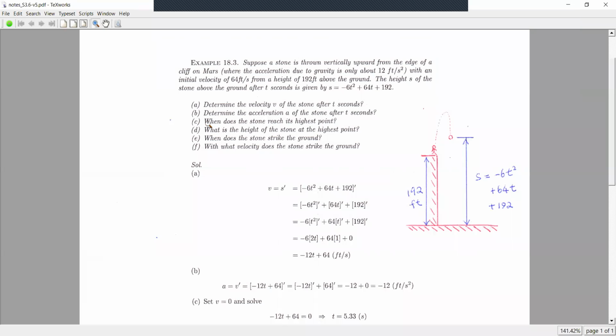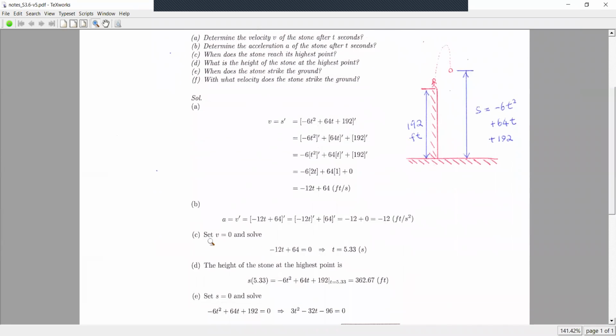Part C. When does the stone reach its highest point? When the stone is at its highest point, its velocity is 0. So to answer part C, we set velocity to 0 and solve this equation.